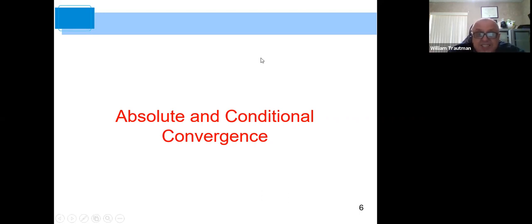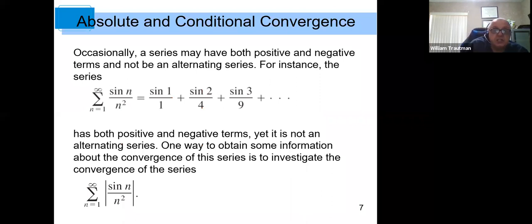Now, absolute and conditional convergence. What happens if your alternating series looks good, but your a sub n itself doesn't converge? Occasionally, a series may have both positive and negative terms, but they're not actually alternating series. So let's take a look at the convergence of this series here.